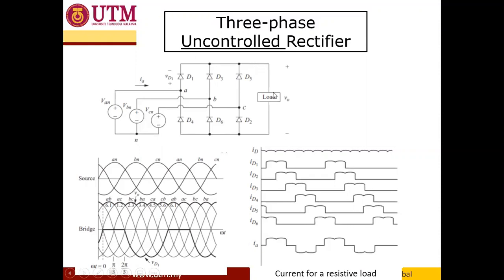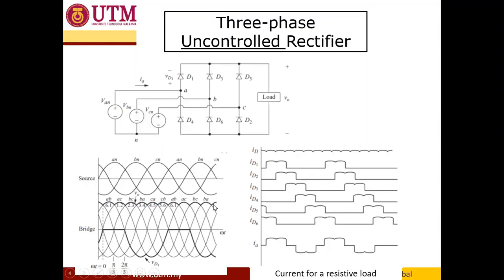We consider this load as a resistor, and this is actually the output. The output of the load, which is a resistor load, as you can see, is almost DC current. And we also note that this is the voltage output of the three-phase rectifier, so it is also almost DC voltage.